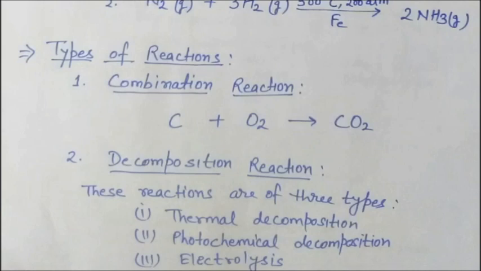First is thermal, second is photochemical, and third is electrolysis. Depending on the requirement of energy, the decomposition reactions are categorized as thermal, photochemical, electrolysis. So what is a decomposition reaction? When one reactant breaks into two or more products.